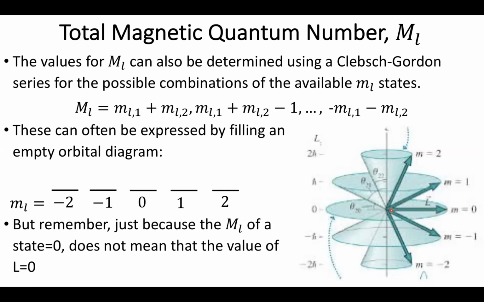But for now, I want to focus on a very specific piece of information that we can gain about our total orbital angular momentums from our total magnetic quantum numbers. And that's this idea that my total orbital angular momentum has to have at least one total magnetic quantum number of the same value.